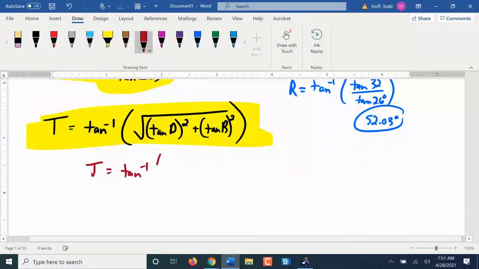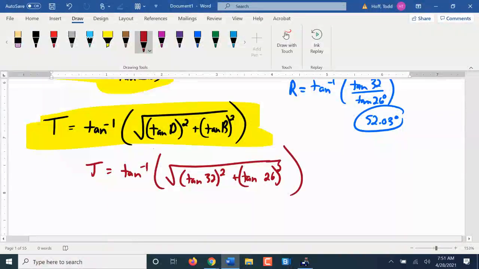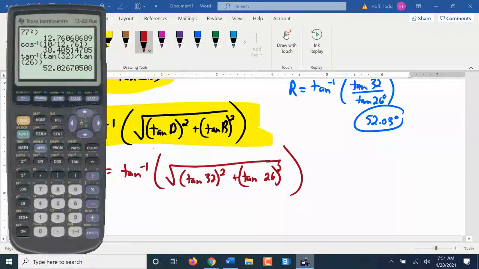Inverse tangent of the square root of tangent of 32 squared plus tangent of 26 squared. This one's a little trickier to enter in the calculator. Just a second.